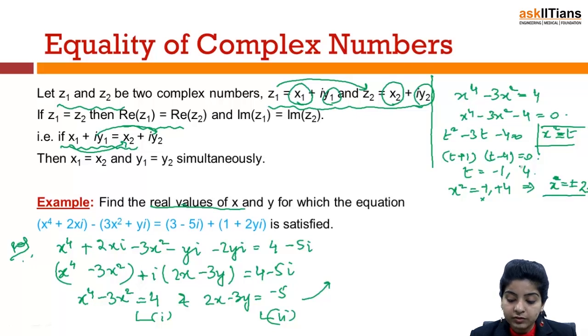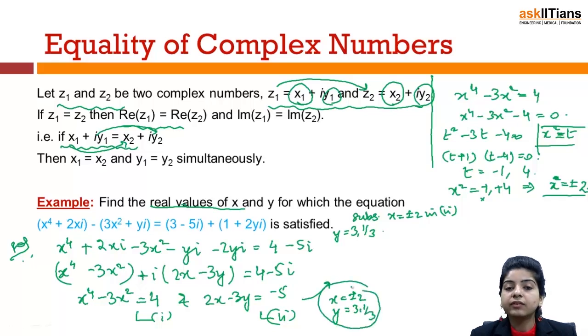Now what I'll do is substitute x equal to plus minus 2 in the second equation, and I'll get y equal to 3 and 1 by 3. So the required values of x and y are x is plus minus 2 and y is 3 and 1 by 3. This is the required answer.